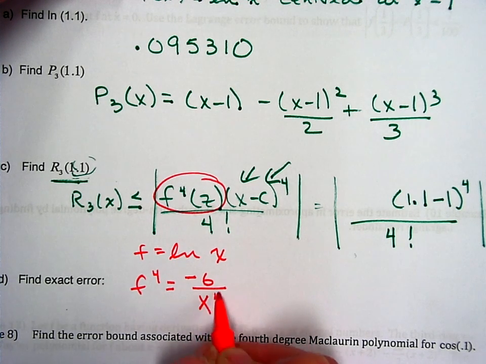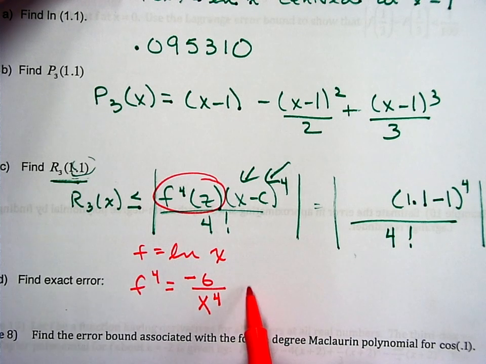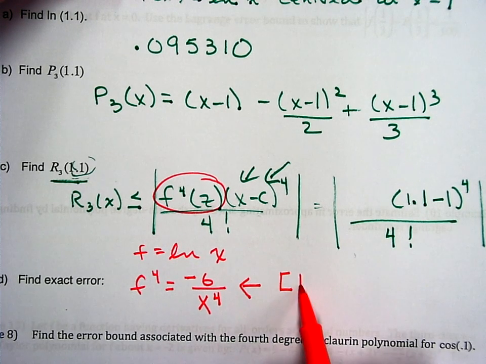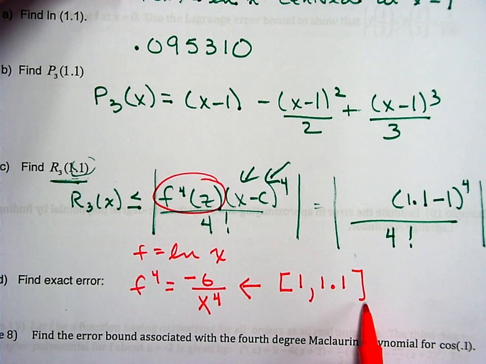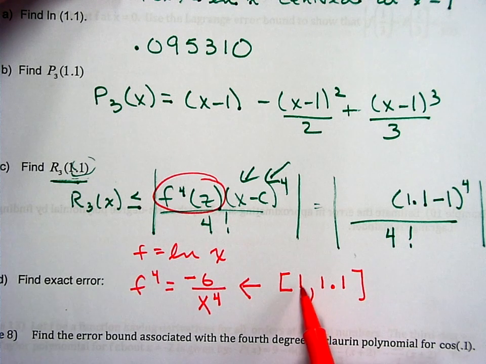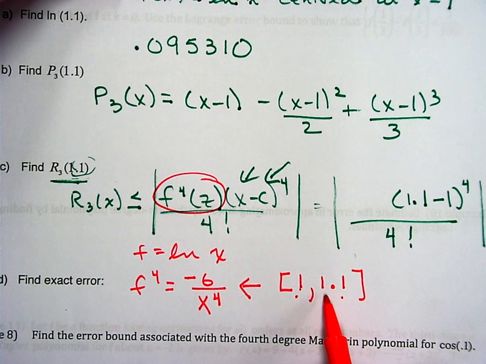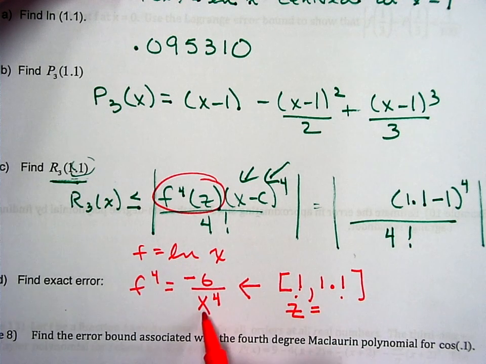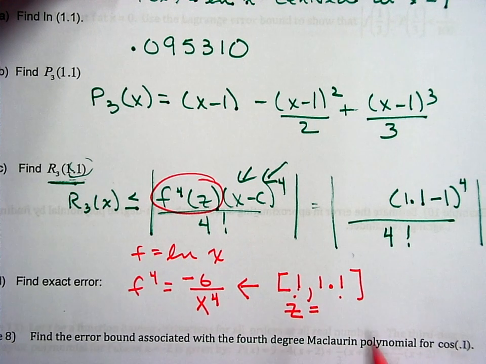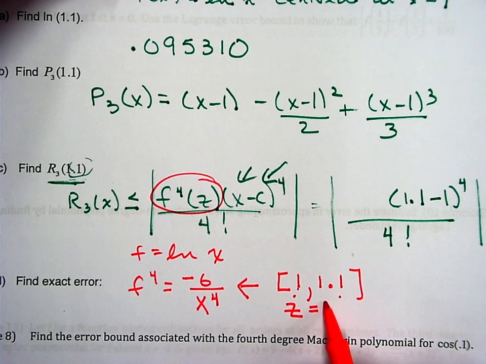So you need to maximize this derivative on the interval from where you are centered at and the value of x that you are trying to actually find. And it will always be one of these endpoints. It will not be a number in the middle. So the biggest value this will take on is when z, which is really your x, that's what that z stands for, is going to be when z, or this x here, is 1.